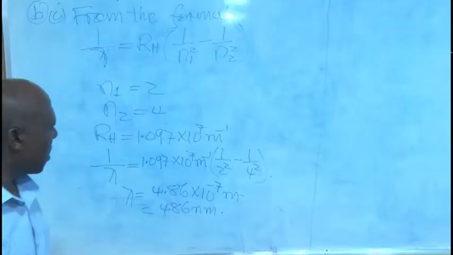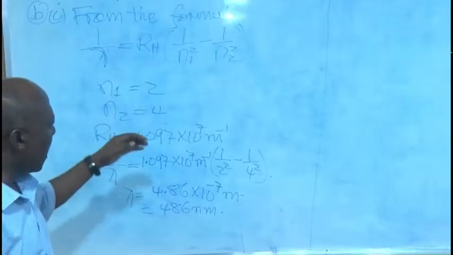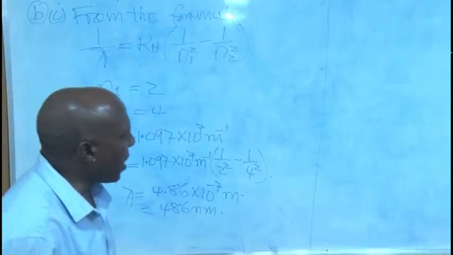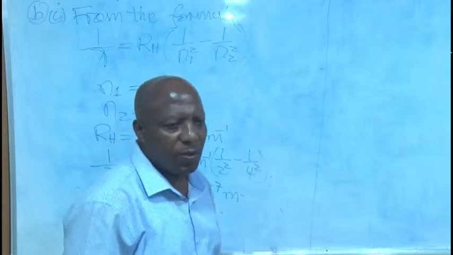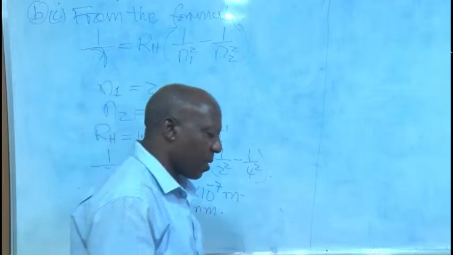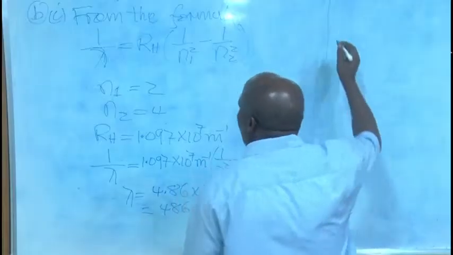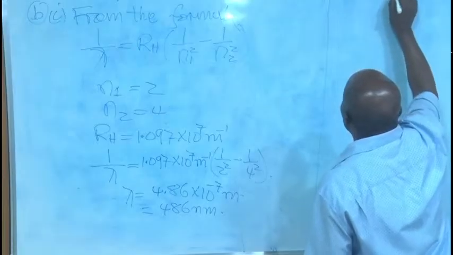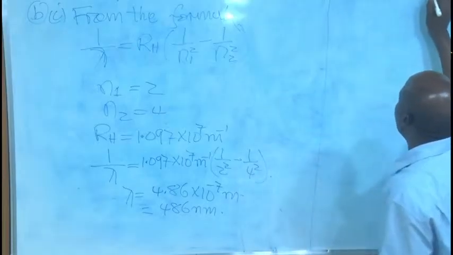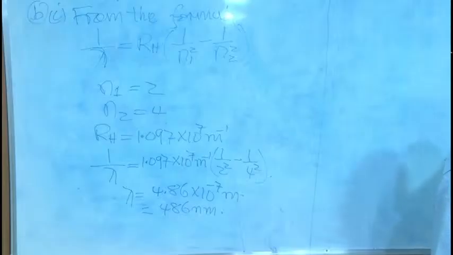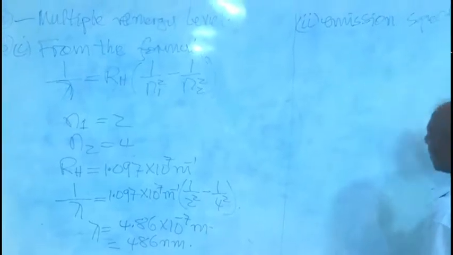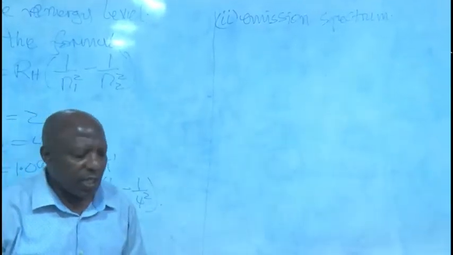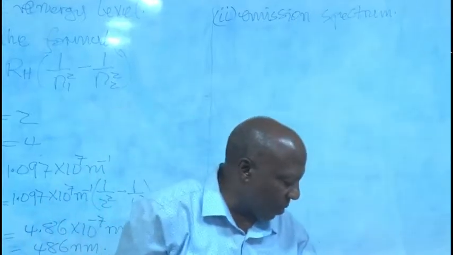Because the electron moves from n equals 4 to n equals 2, it is dropping from a higher to a lower energy level. As a result, this is an emission spectrum.